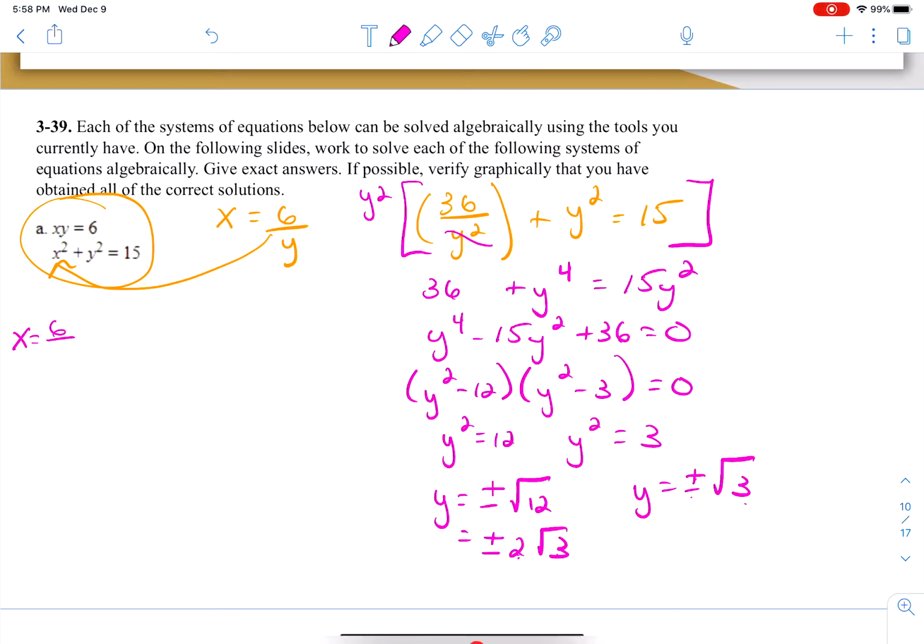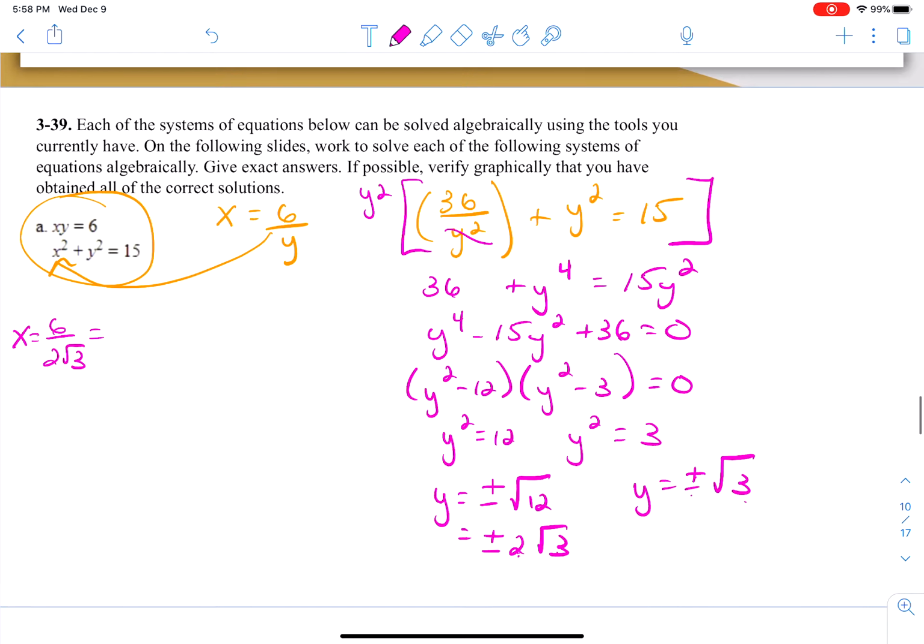So if I start with the positive 2 times the square root of 3, 6 divided by 2 is 3. Rationalizing the denominator, x is the square root of 3.